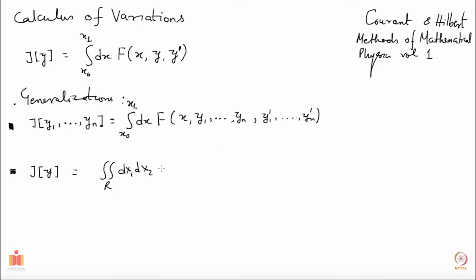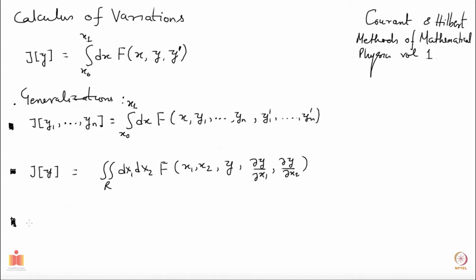Then you have your function f, which depends on x1 and x2, I'm still keeping one function, and then the derivatives of y with respect to the two variables, dx1 and dx2. That's one generalization possible, and you can have still more.